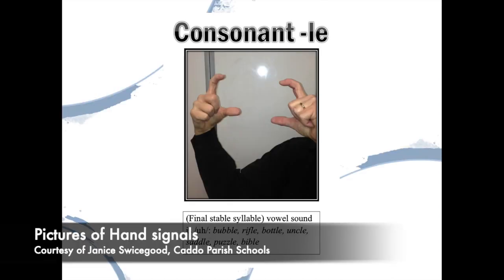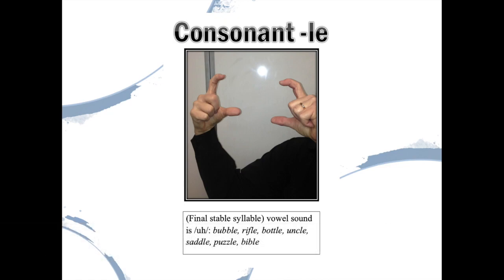The next one is consonant L-E. This is a final stable syllable where the vowel sound is U that is not represented by a vowel in the word. For example, bubble, bub, bull. Think of the second syllable in bubble, bull.